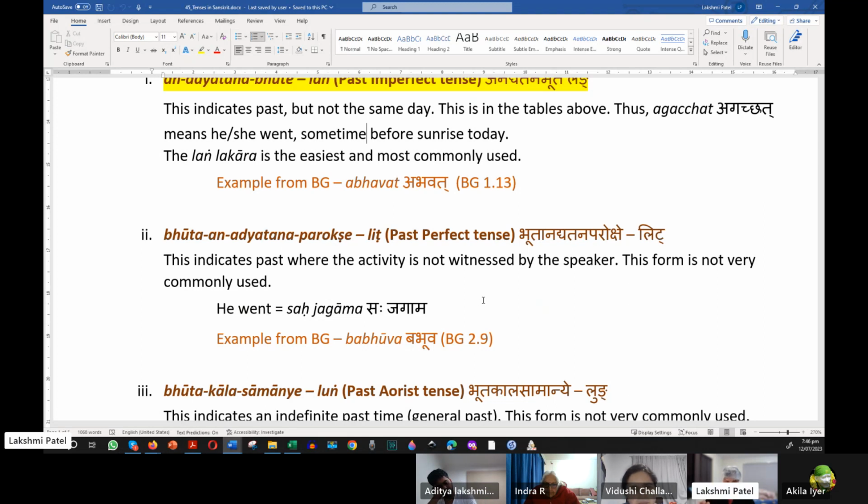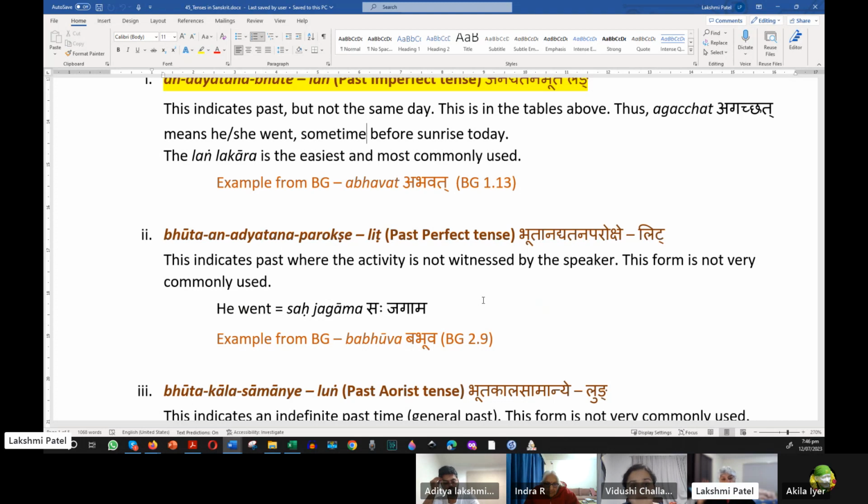So bhuta means past. Anadyatana we know means not today's. Paroksha, and it was not witnessed. Okay, which means what? That the speaker has not seen it. He has no personal connection with that particular activity.